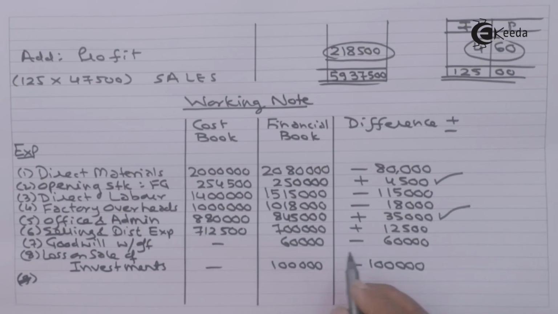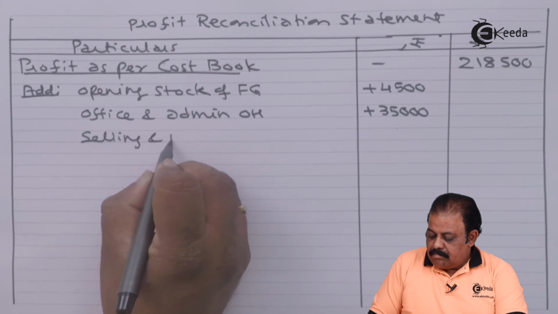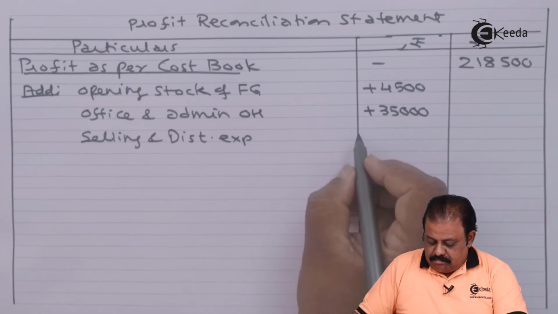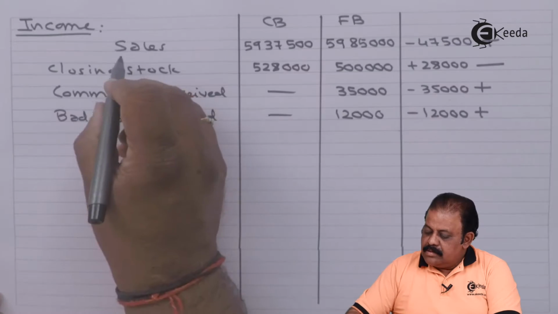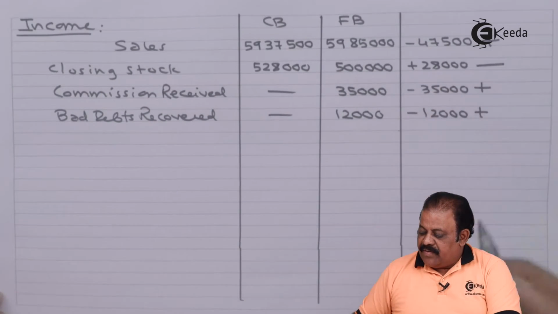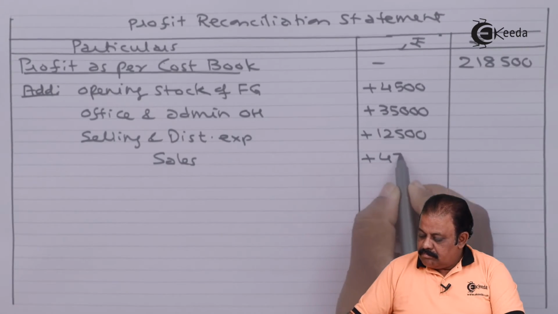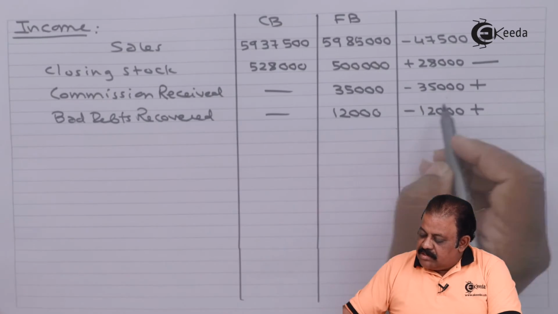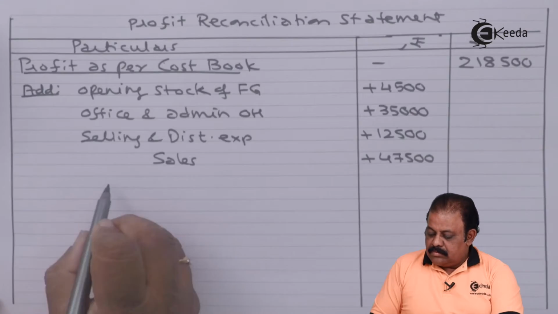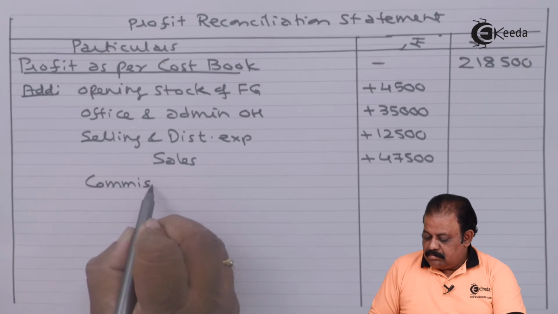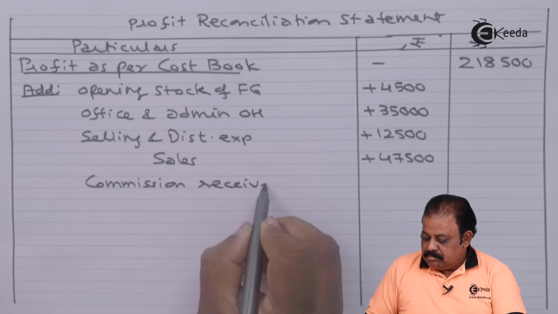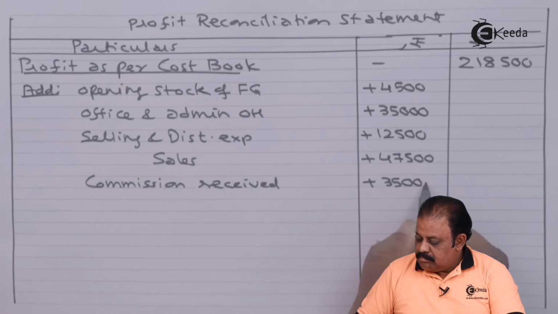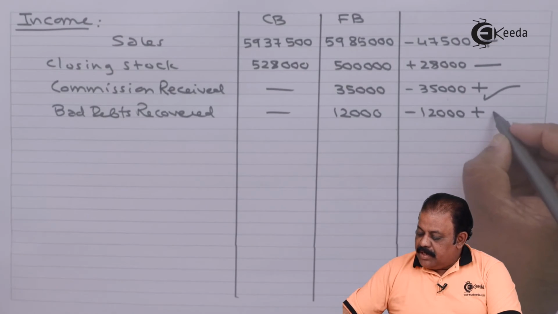Selling and distribution expenses plus 12,500. Sales 47,500. Commission received plus 35,000. Bad debts recovered plus 12,000.